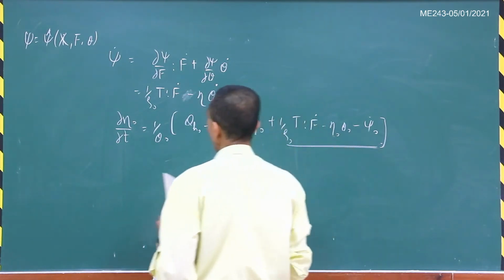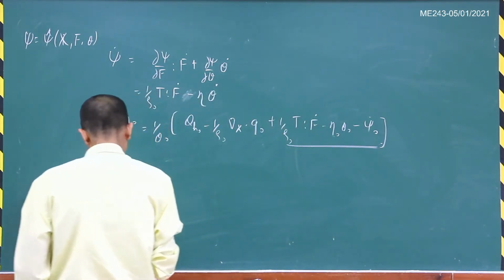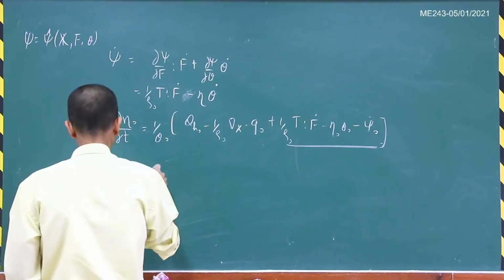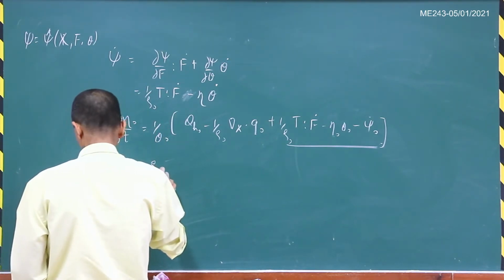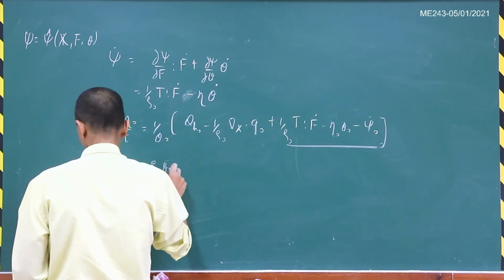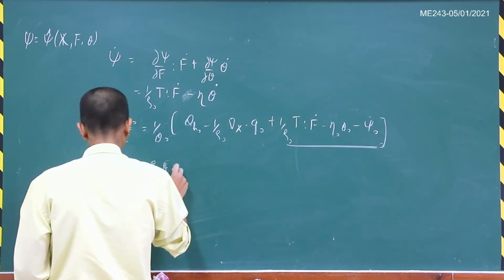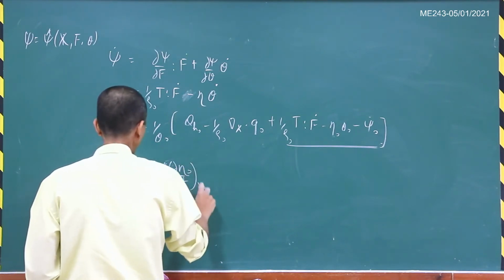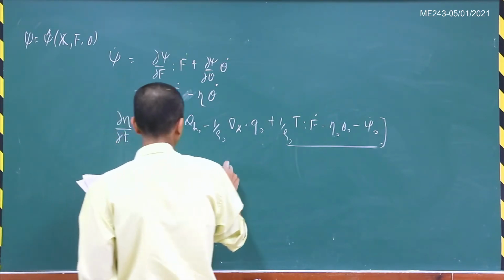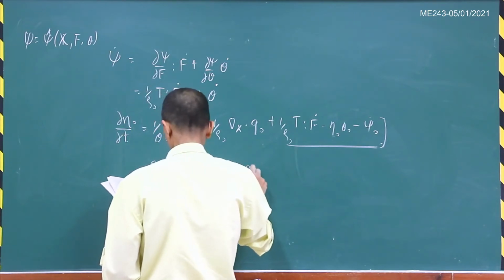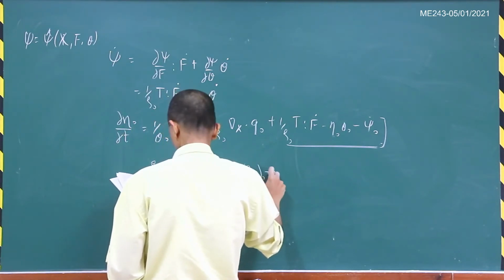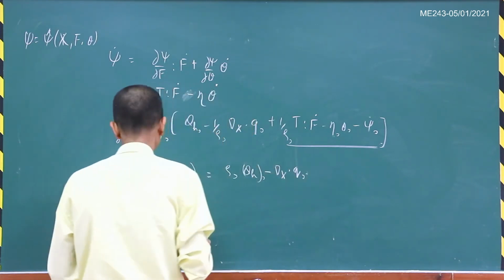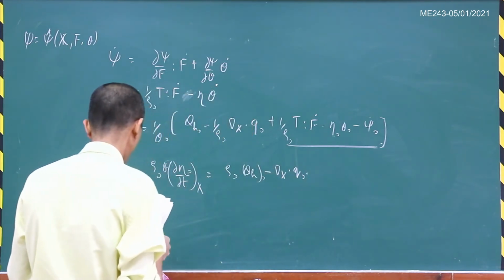So this will go to 0 here, and what you will get is that rho naught times theta times del eta naught by del t, keeping x fixed, is equal to rho naught times qh naught minus del dot q naught. Okay, so that is the conclusion that you will get in this particular case here.